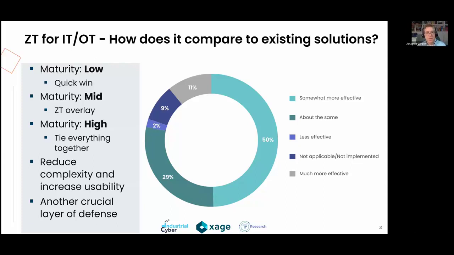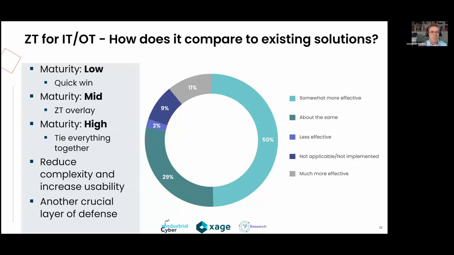I think what we see is that it depends on where you are in the maturity model. For example, if you're down at the left bottom of the maturity model, so you're just getting started, the zero trust approach and principles can get you a quick win. It can move you significantly up and to the right.